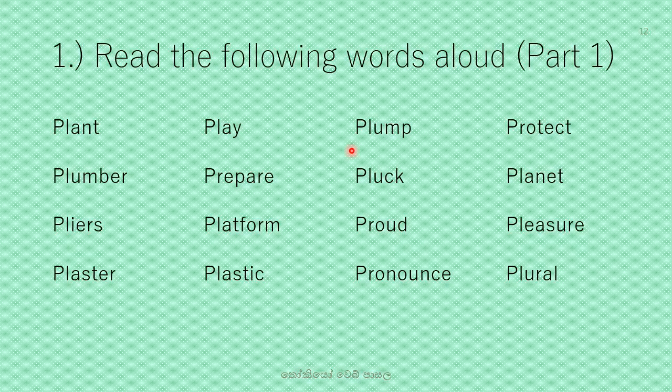Plump. What do you mean by plump? Plump means having a round shape. For example, we can say the mango is plump. It has a round shape.